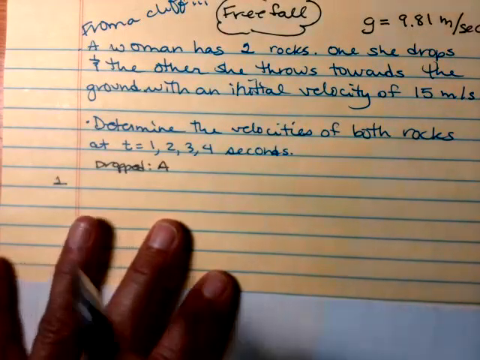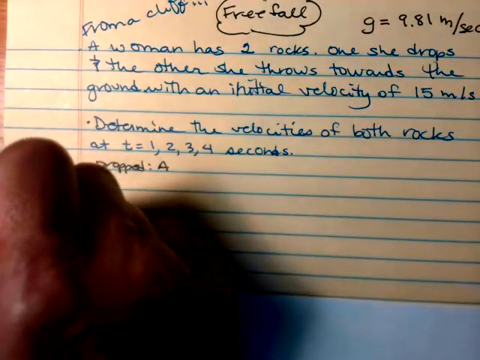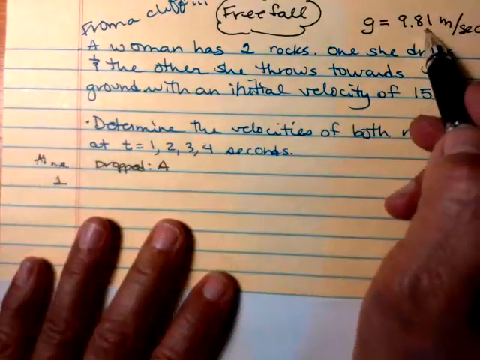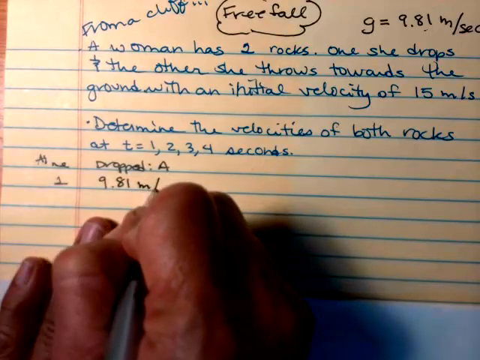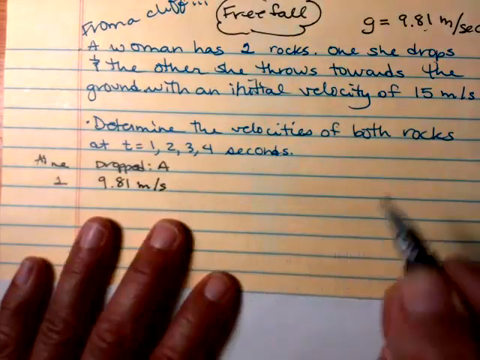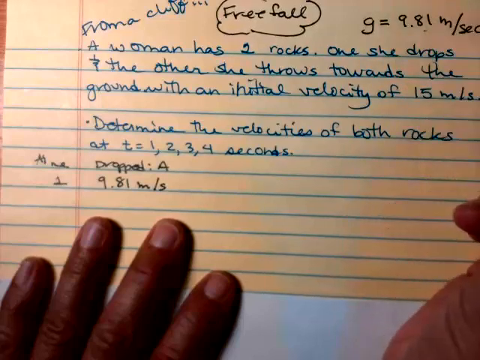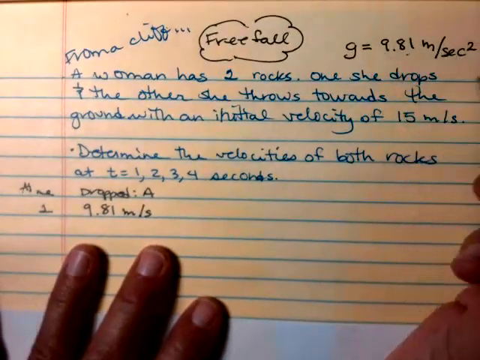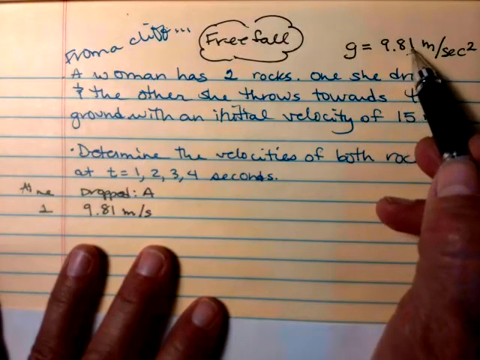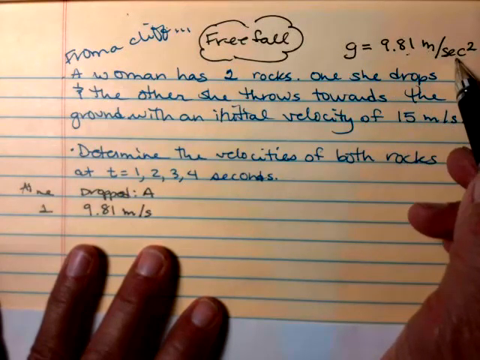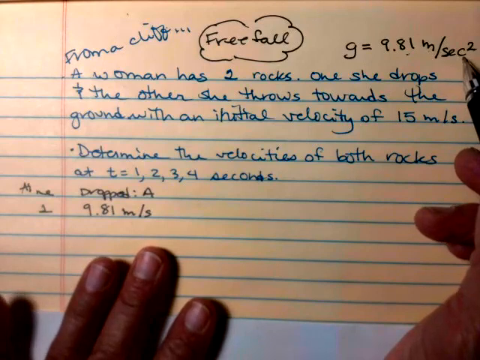After 1 second, it will have a velocity of 9.81 meters per second. Gravity, this acceleration, is telling us how fast our velocity is changing. It's going to change 9.81 meters per second every second.